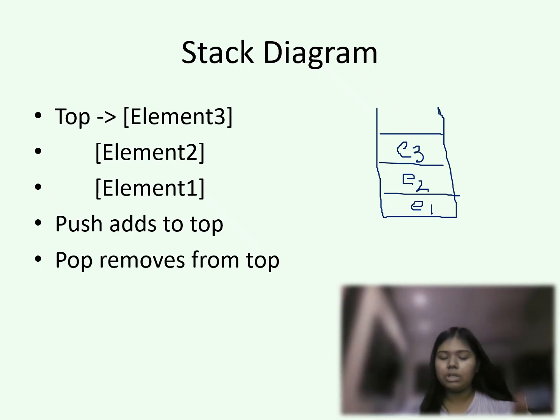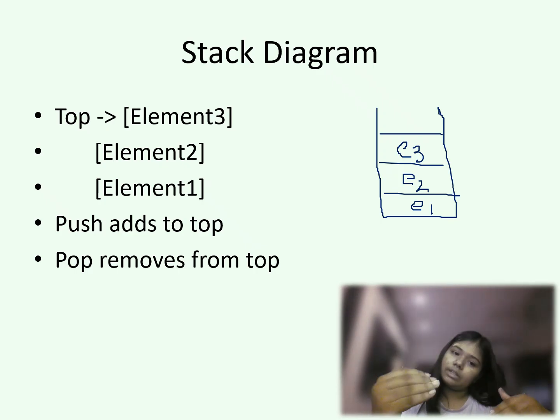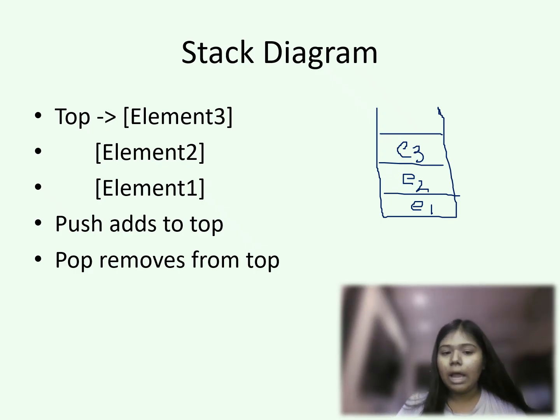If we use the peek function in this example, E3 will be displayed in our output. Push asks us for an element to insert, and the push function will insert it at the top, and pop removes the element from the top. I hope you understand what I'm saying.